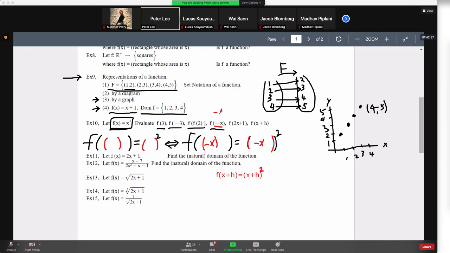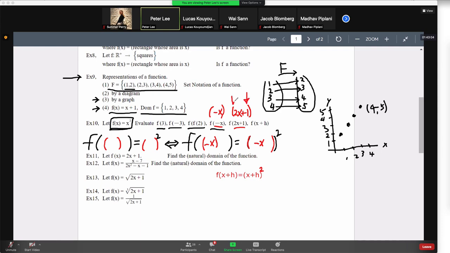Substitute minus x with a parenthesis built in. When you have to substitute 2x plus 1, don't just put in 2x plus 1. What you want to do is substitute 2x plus 1 in parentheses. If the 2x and the 1 get separated in any way, that will be a mistake. So you substitute 2x plus 1 with built-in parentheses.